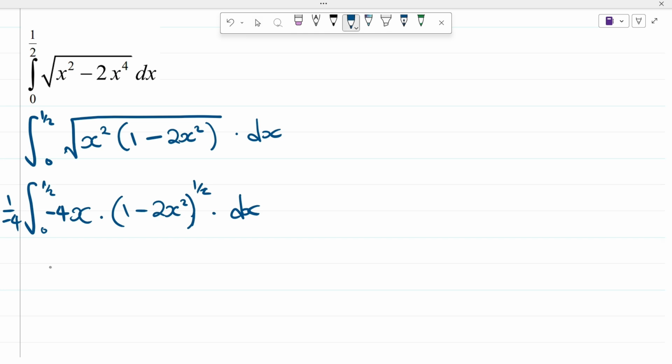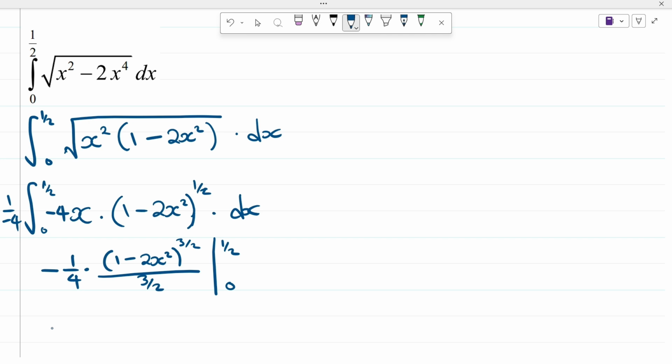So the answer for this is going to be negative 1 over 4, which is coming from the outside there. Then I apply my general power rule. It's going to be (1 minus 2x squared) to the power of 1 over 2 plus 1, that's 3 over 2, then divide that by 3 over 2, and then I put my limits 1 over 2 and 0.